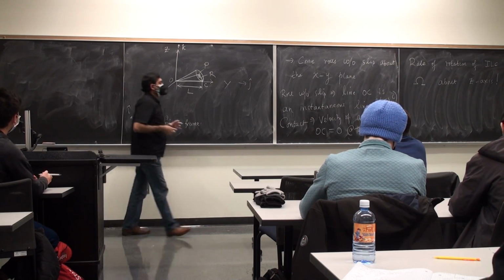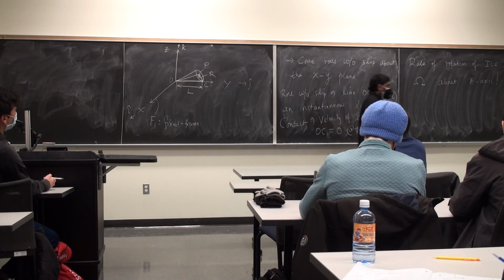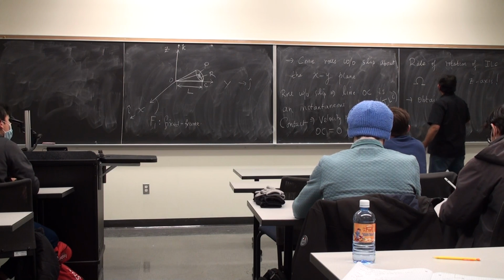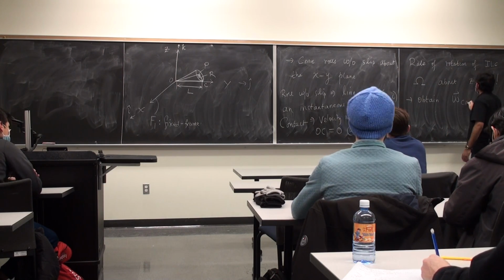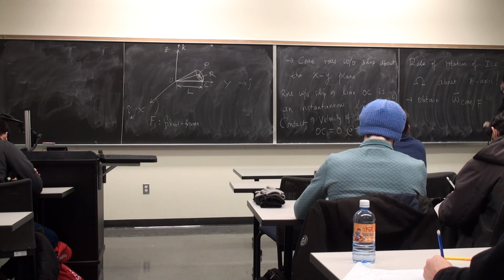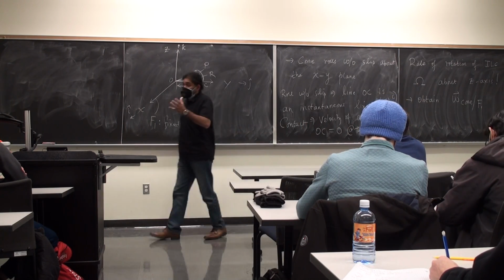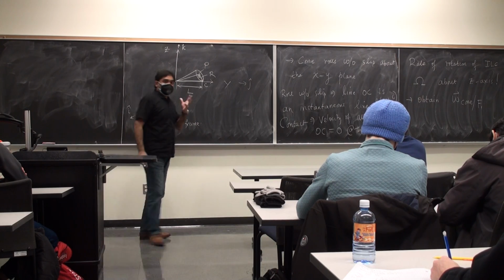What am I supposed to do in this problem? Obtain the angular velocity of the cone related to the plane F1, which means obtain the angular velocity of the body. So we call the cone the body here.